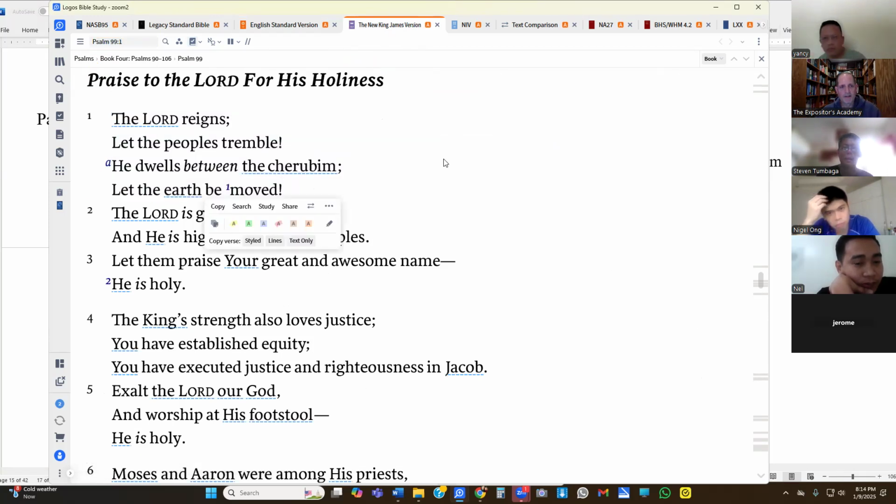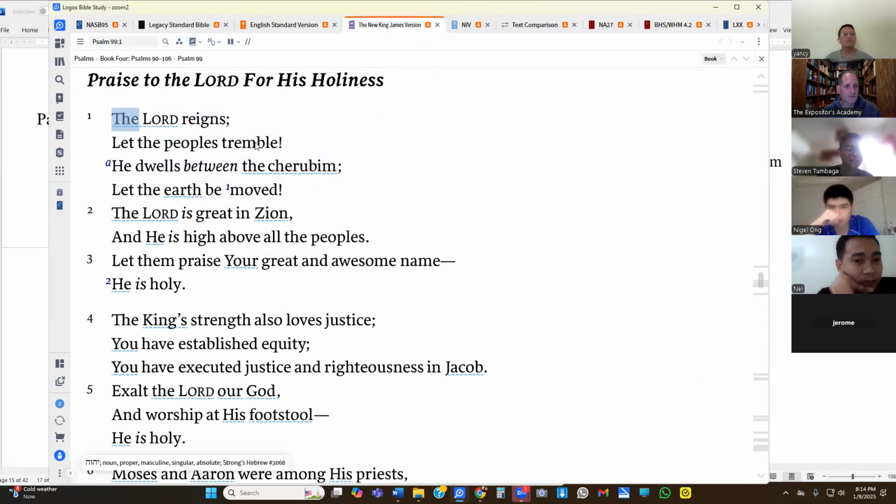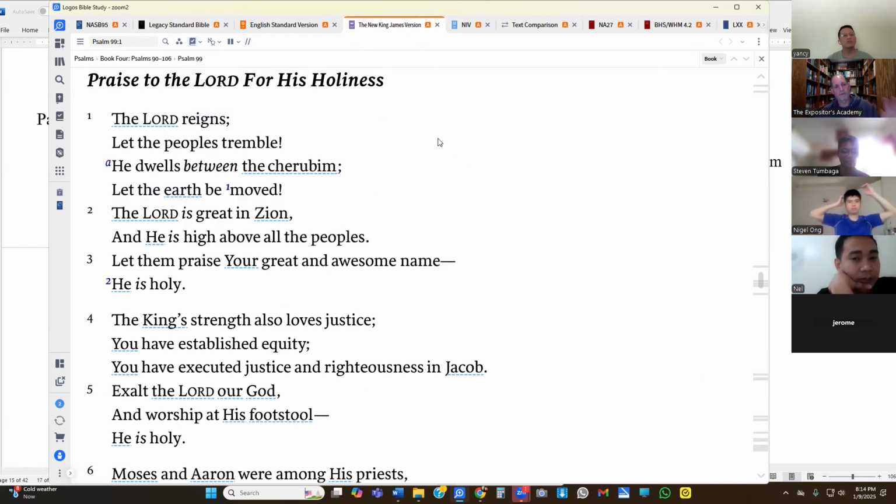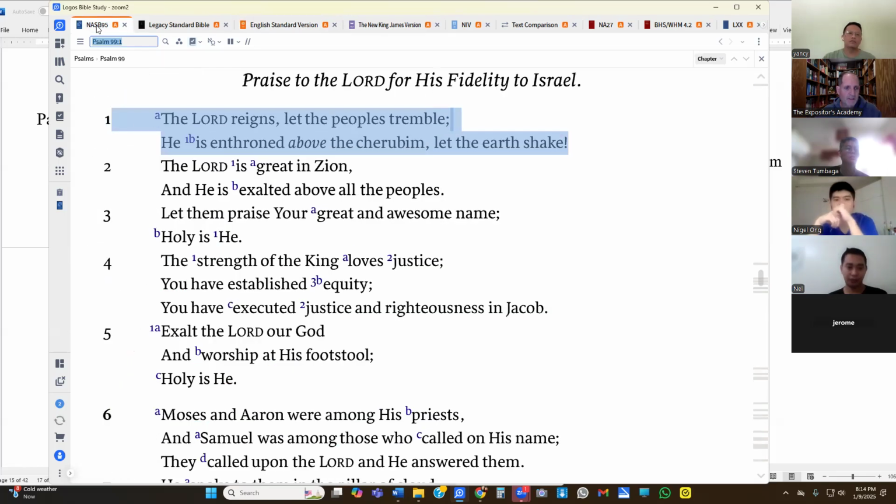Well, wait a minute. If you use the New King James, you would say, oh, there are four lines here. But what I want you to do is compare the New American Standard, ESV, and New King James, and then pick what the majority is. So in this case, ESV and New American Standard are both two lines.